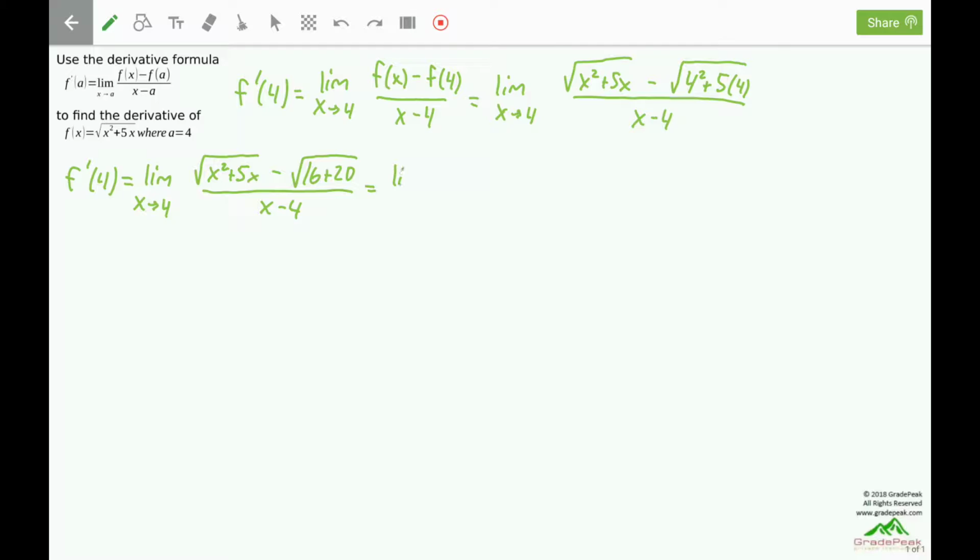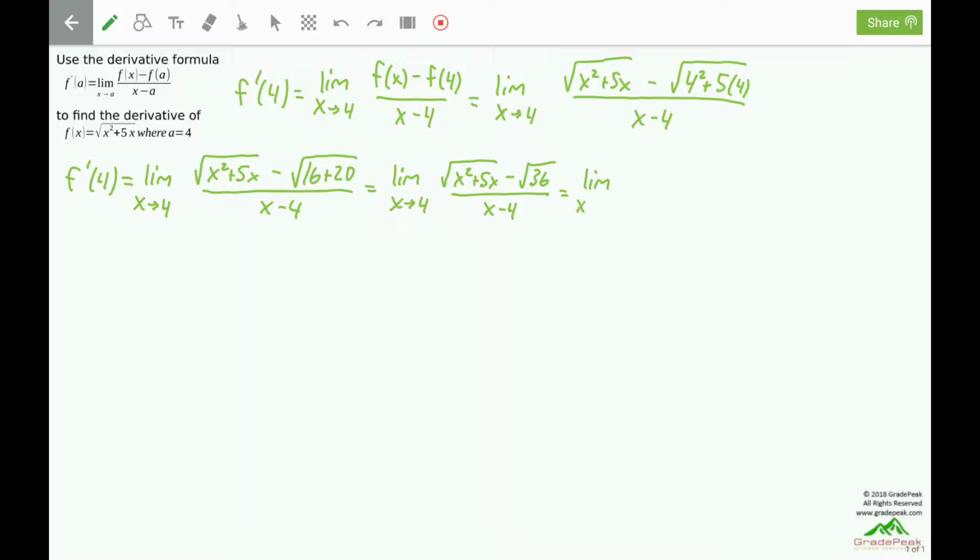And this would give us then limit as x goes to 4 of the square root of x squared plus 5x minus the square root of 36 all over x minus 4.